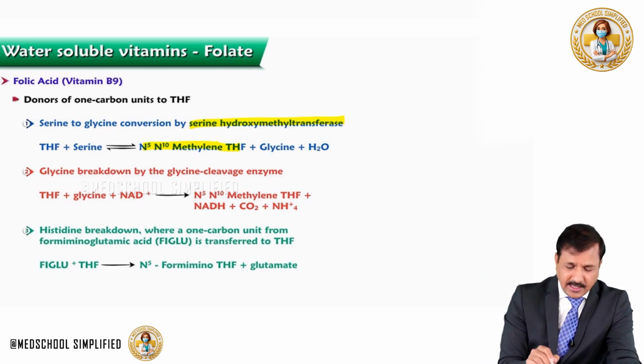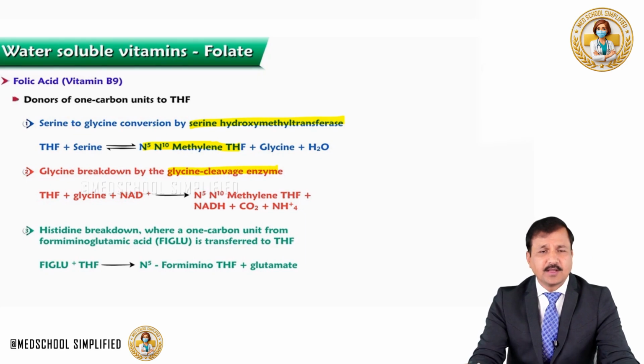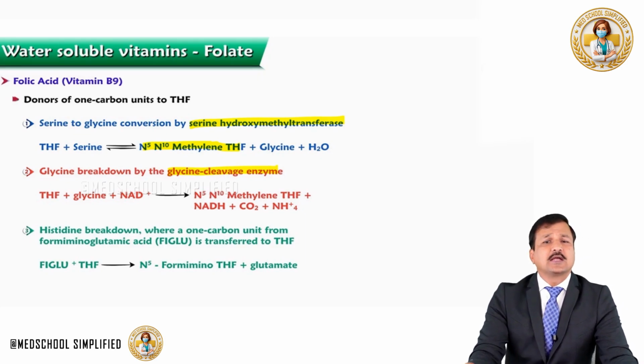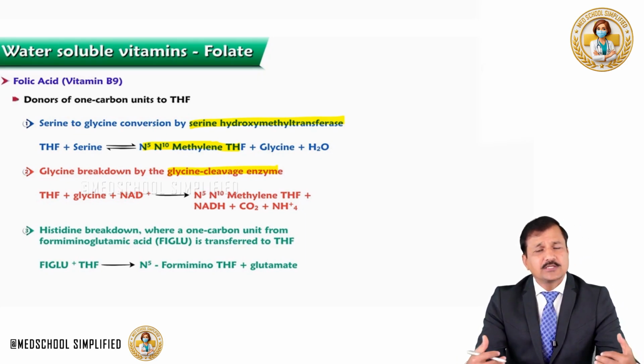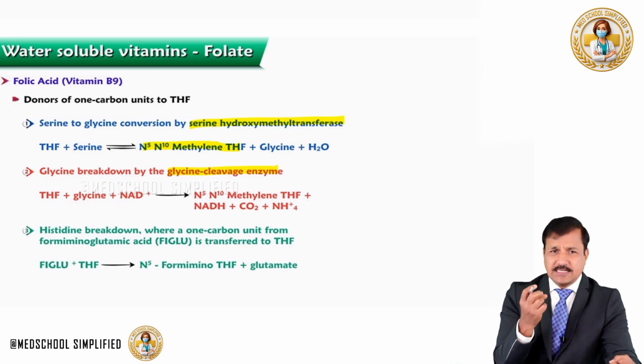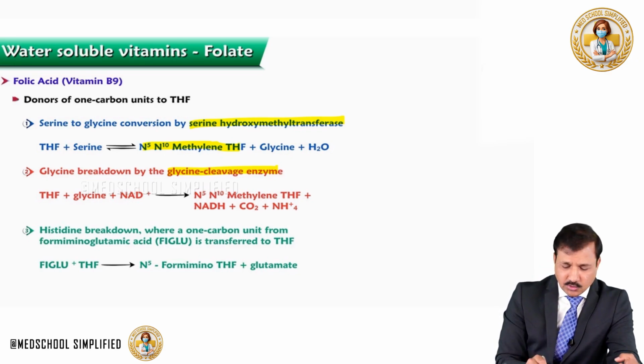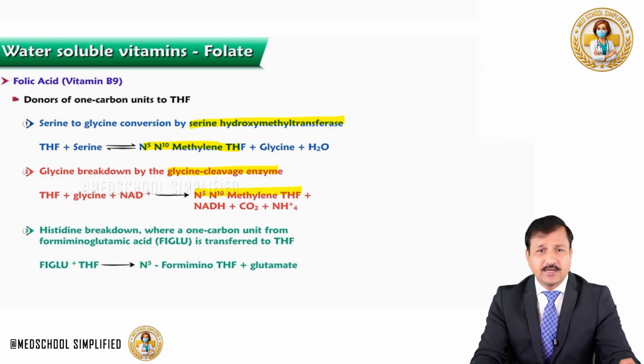Now, the second reaction is where glycine breakdown happens by the glycine cleavage enzyme, and in this process glycine is broken down into carbon dioxide and ammonia, so the carbon of glycine is given to tetrahydrofolate to make N5,N10 methylene tetrahydrofolate.